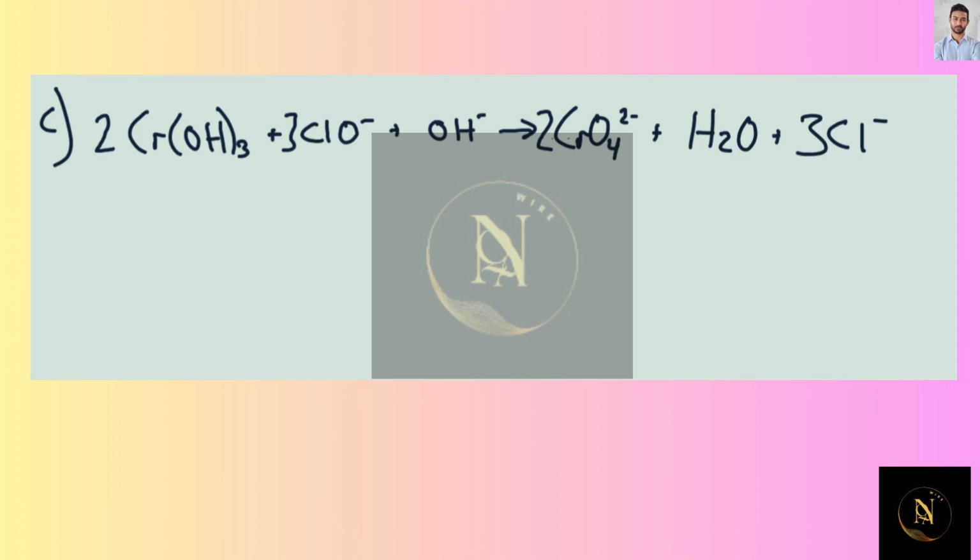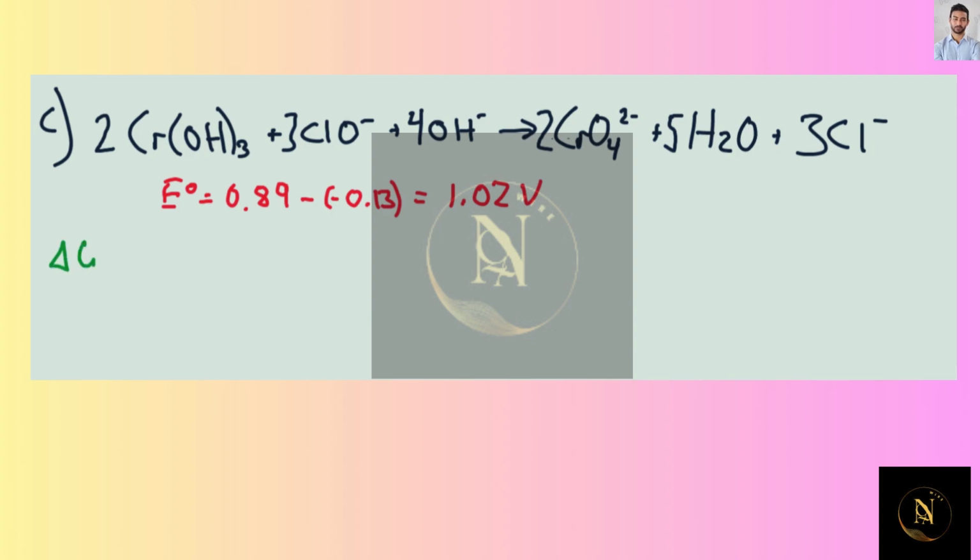If we add the half reactions up, some of the hydroxides will cancel from both sides. So we get 4 hydroxides and 5 water. For the EMF, the reduction value here is 0.89 for the reduction of the hypochlorite, and for the chromium half reaction it is 0.13, and that gives a value of 1.02 volts.